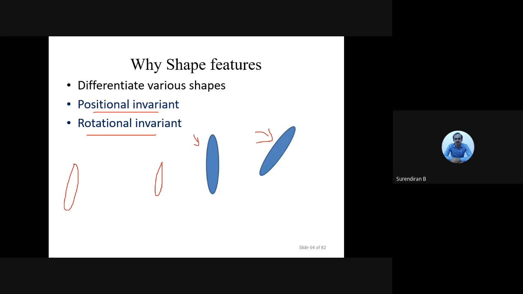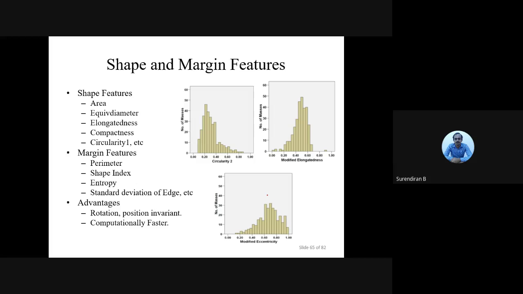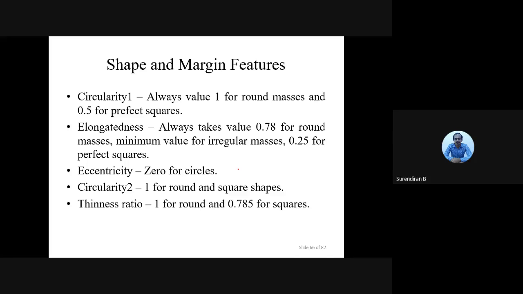Here the shape features are position and rotation invariant. These are the various features we extracted from the mammogram masses. Circularity 1 always gives a value of 1 for round masses and 0.5 for perfect squares.